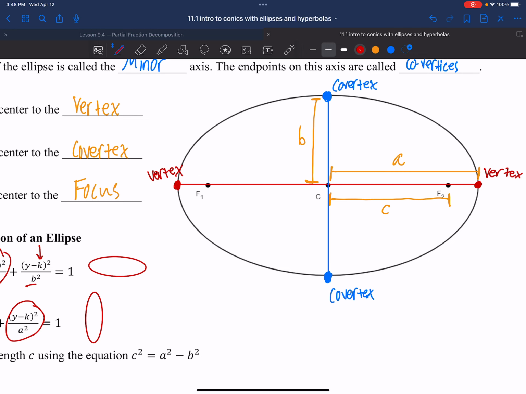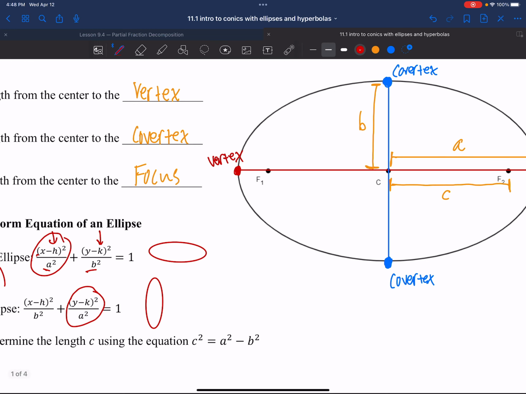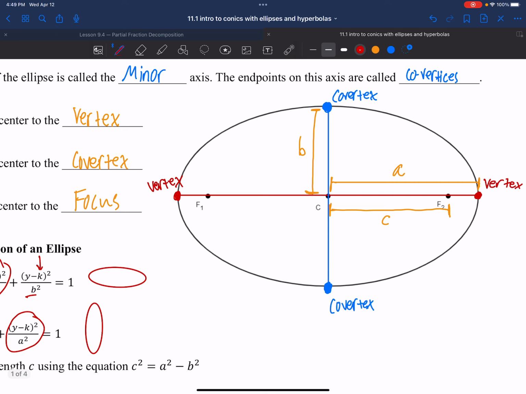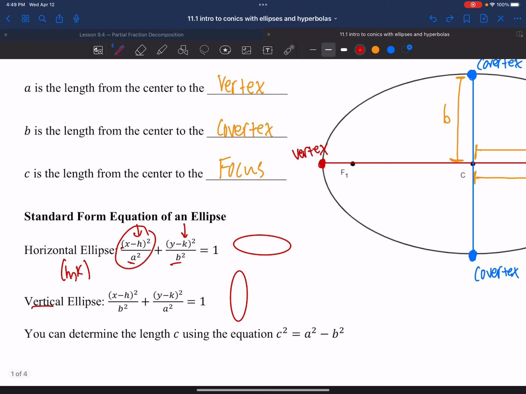So if the major axis, because the major axis is the axis from both vertices, from here to here, that's the major axis, which I've done in red. If your vertices are there, then, oh my gosh, I'm doing such a terrible job.